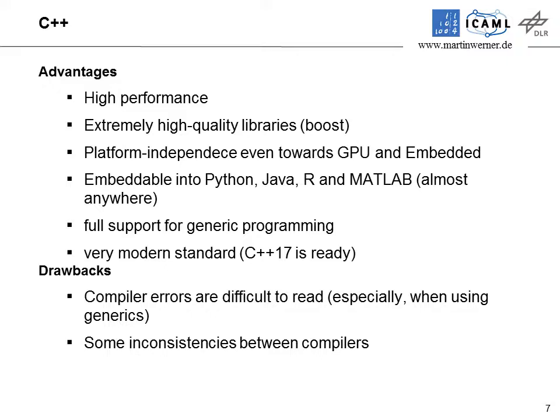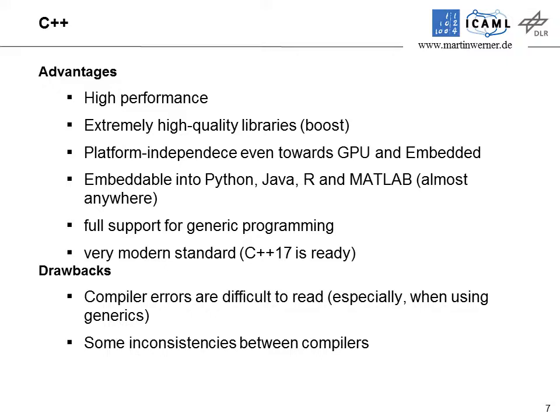Sometimes it's not easy or not the best way of extending something. For example, when you want to embed it into Java, you can use the Java natives, but there are some drawbacks when you don't have direct memory access, so it's not the easiest.